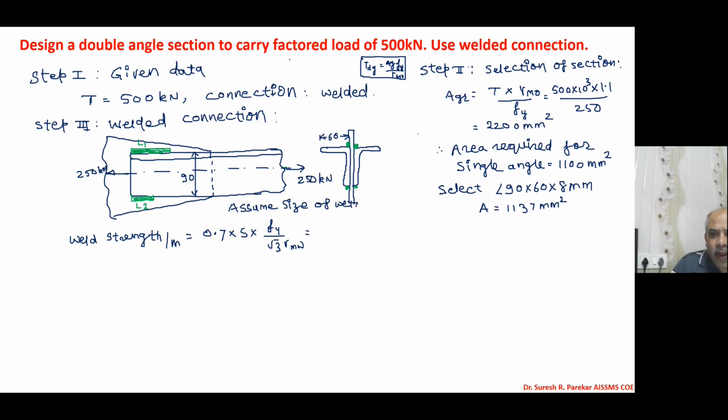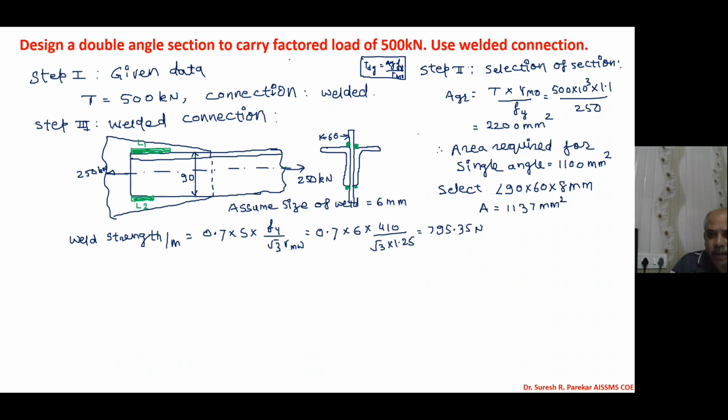We know minimum size we have 3 millimeters. If your thickness increases, then you have to go to table in section 10, and see what will be minimum size. So here we have sufficient value, 6 into 410 divided by root 3 into 1.25.